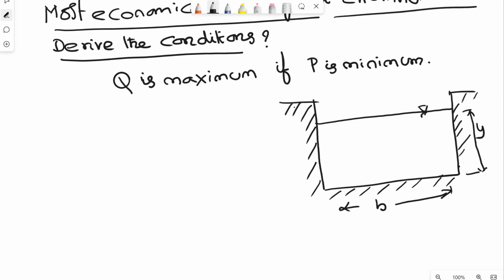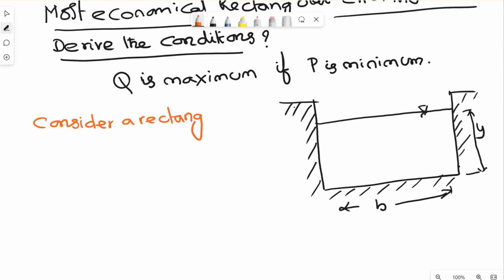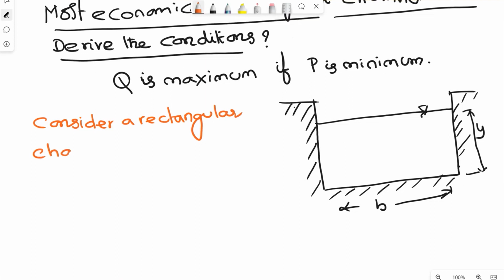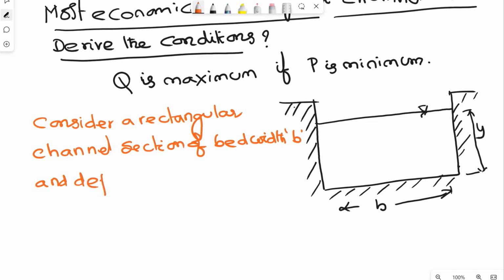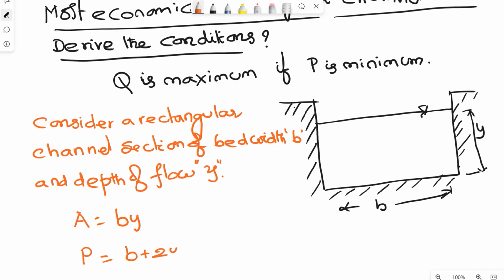So I will write: consider a rectangular channel section of bed width B, and depth of flow Y. So area is equal to By. Perimeter is equal to B plus 2y.